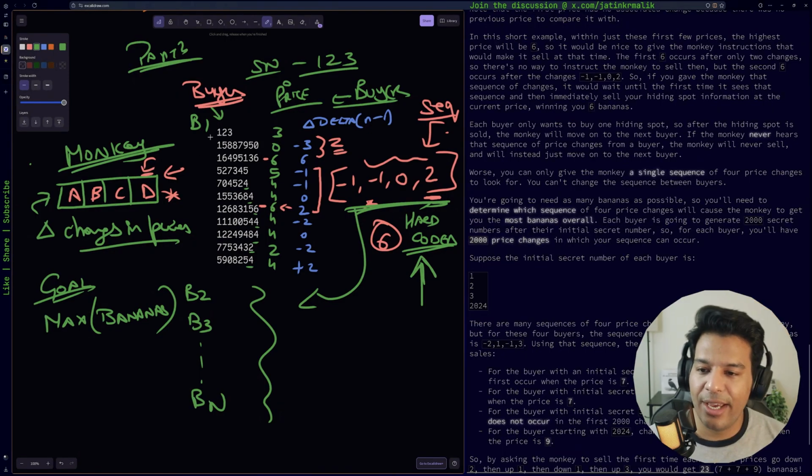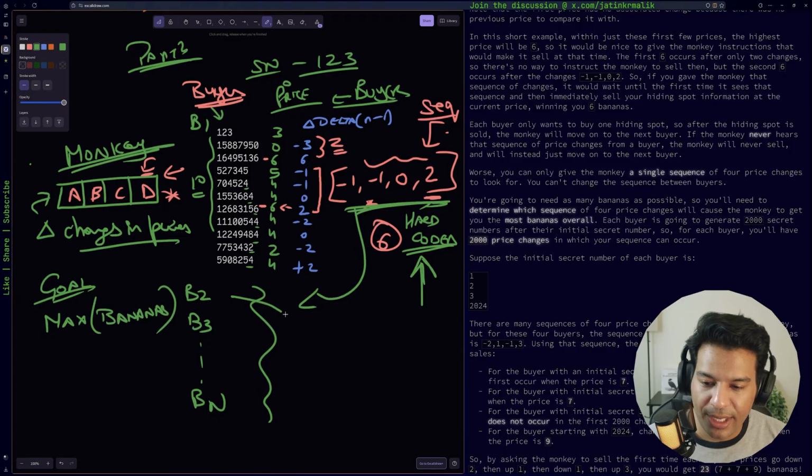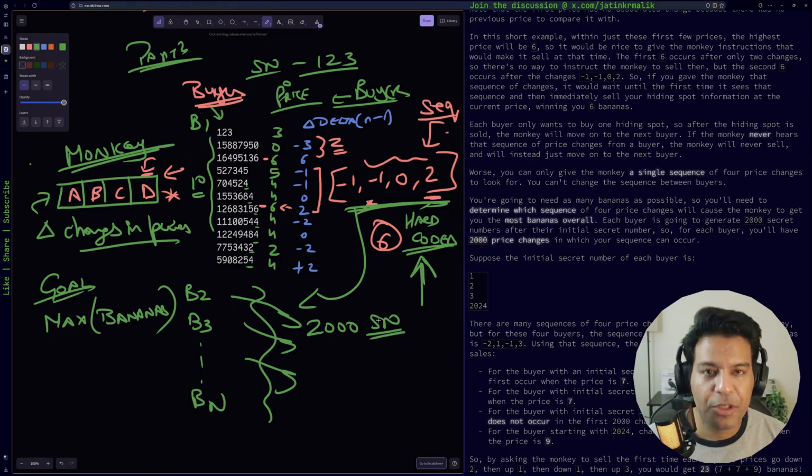So interesting. Here, if you see, we were doing just 10. In our question, it is saying that for each buyer, you will generate 2000 sequences, which means that you will have 2000 price changes that we wrote here with the blue color.